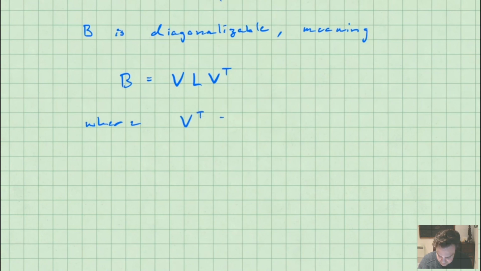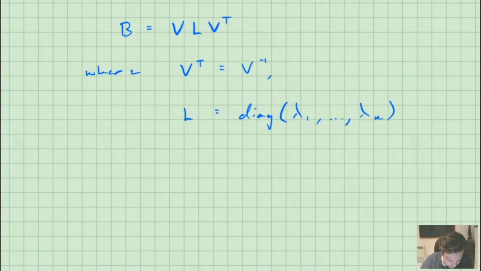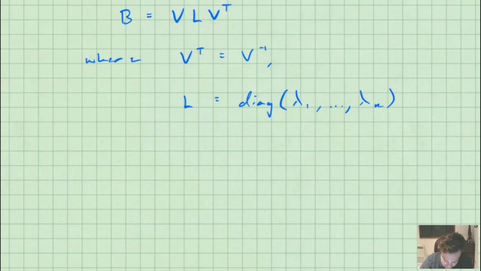V transpose is actually the inverse of V. L is a diagonal matrix, hence the term diagonalizable, of eigenvalues. Potentially n non-zero of them, if it's full rank.